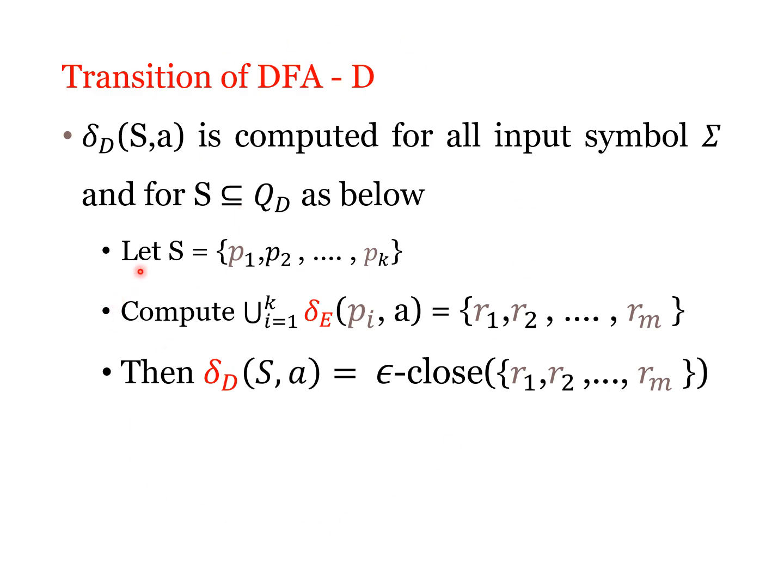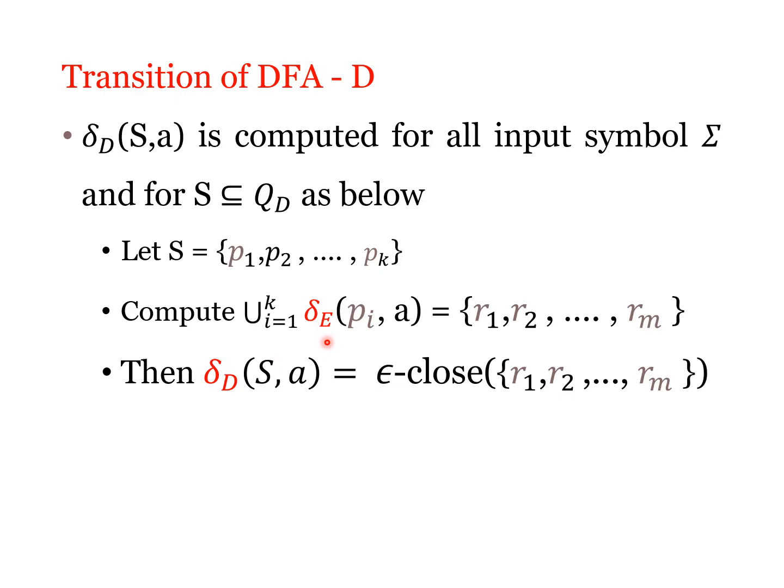Let us assume the set S is a state in DFA, and the state consists of the states P1, P2, up to Pk of your NFA. These are all states that are present in epsilon NFA.